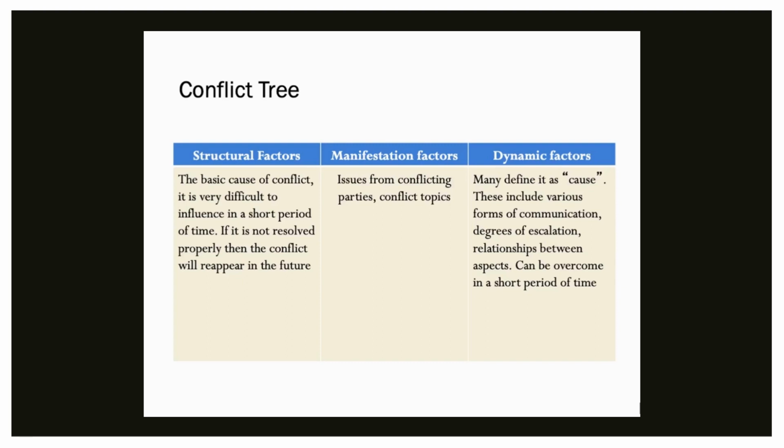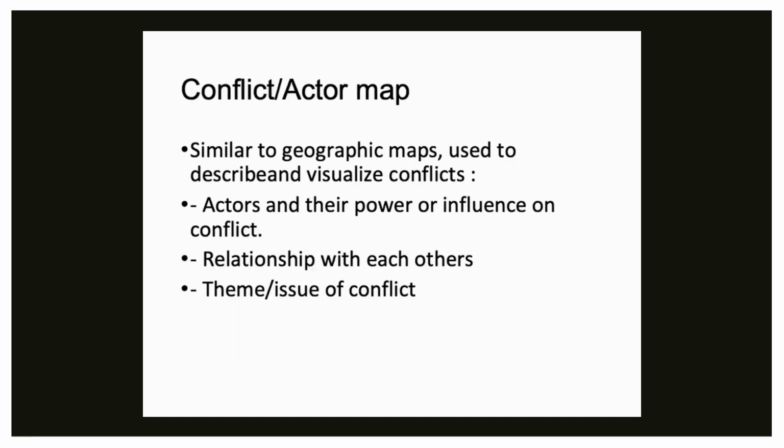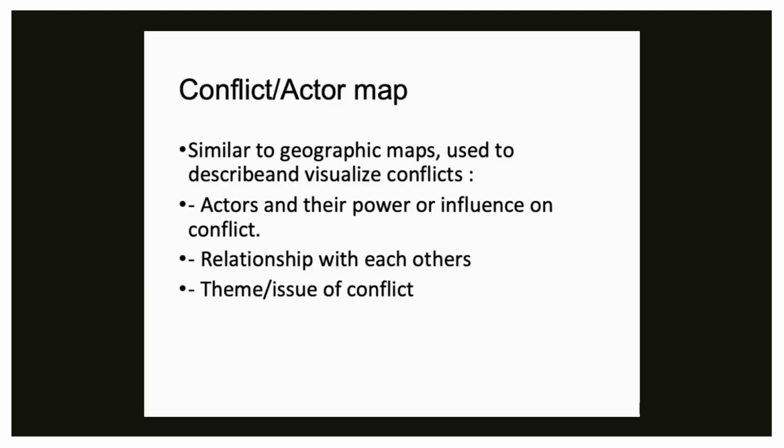Okay, the second tool is interest. And then the last tool that we have in 2000 is what we call the conflict or actor map. We can see it like this. This conflict or actor map is also an interesting tool that we have in 2000.